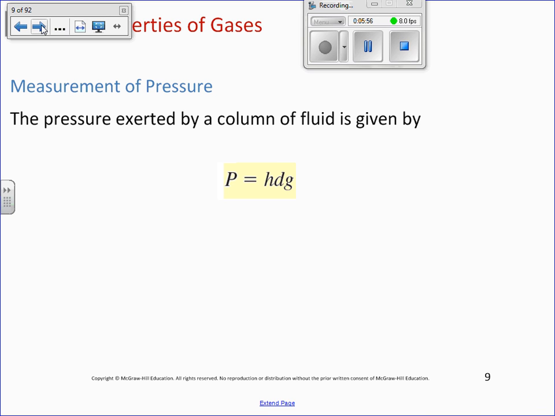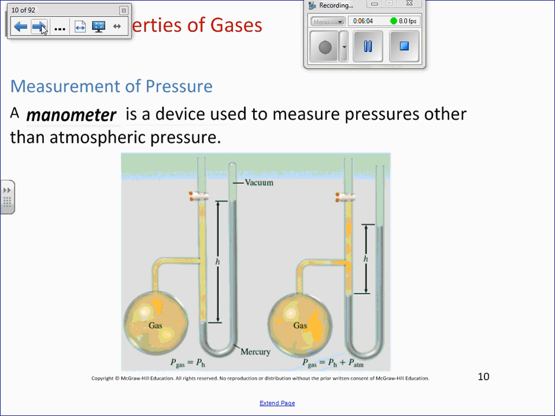So the pressure exerted by a column of fluid is given by the height times the density times the force of gravity. So what we use to measure these is a manometer. So here we can measure pressures other than atmospheric pressure.